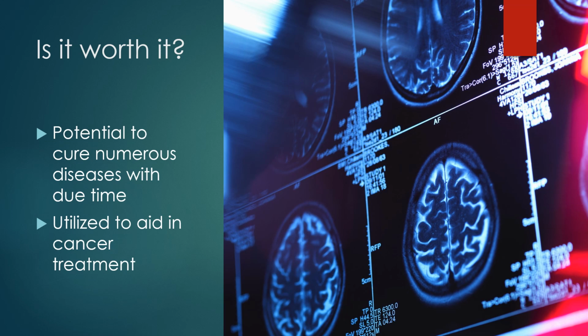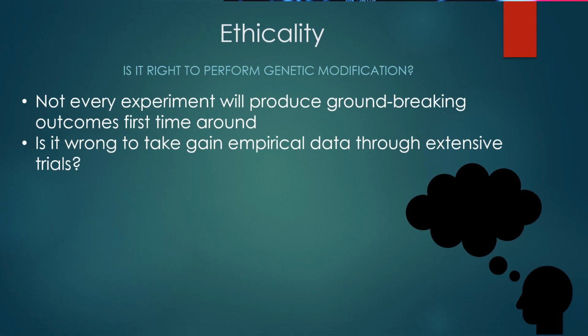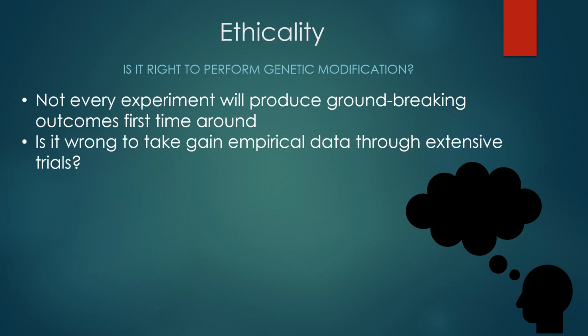From trial and error, that is how these operations will become complete and utilize less risk over time. Ethicality. This is something that should always be considered when the lives of masses of people and animals are at stake. It is a wild conjecture to expect every experiment to go flawlessly the first time through. No steps forward can be taken without taking a few steps back.